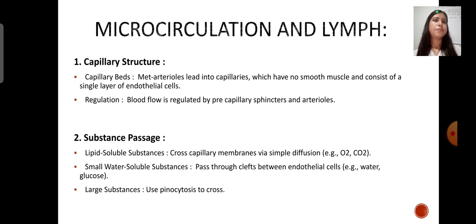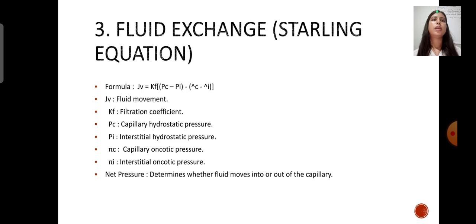Then we have fluid exchange, which is basically the Starling equation, given by Jv equals Kf times bracket Pc minus Pi, minus, bracket pi c minus pi i, bracket closed.